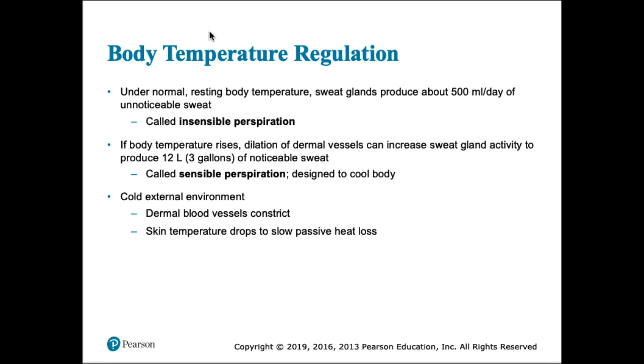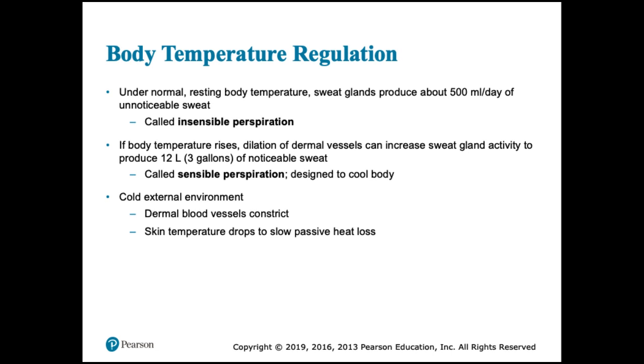It's also really important in body temperature regulation, of course. Under normal temperature, sweat glands produce about 500 milliliters per day. We call this insensible perspiration. But when body temperature rises, the dilation of dermal vessels can increase sweat gland activity to produce 12 liters, which is about 3 gallons of noticeable sweat.